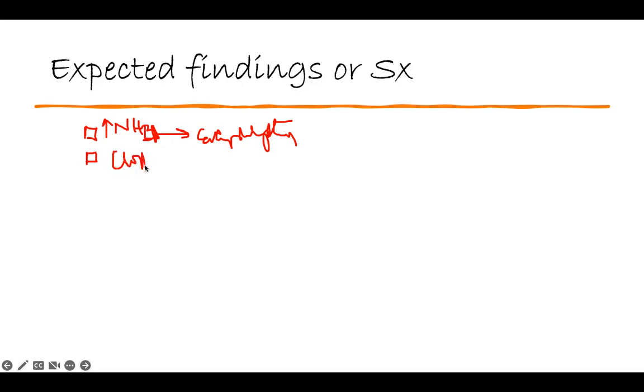The second one is the clotting factors. Because the liver makes clotting factors, if the liver is defective, it cannot make these clotting factors, which I told you: factor 2, factor 7, factor 9, and factor 10. The liver cannot make them, so you have a decreased level of these.